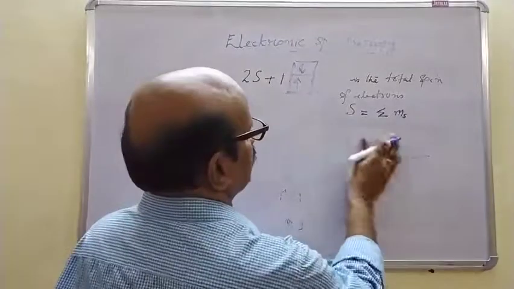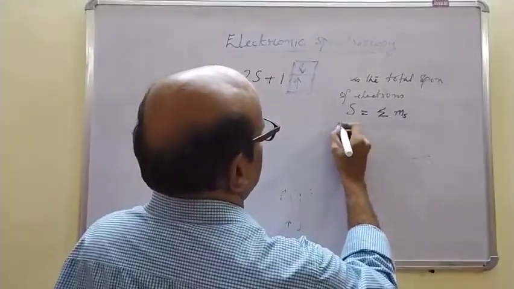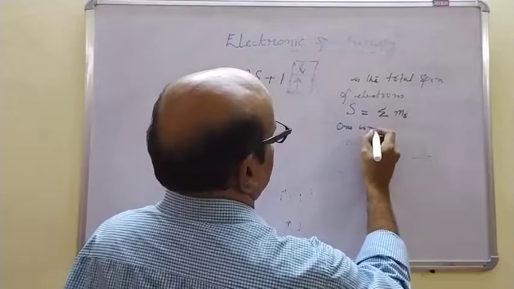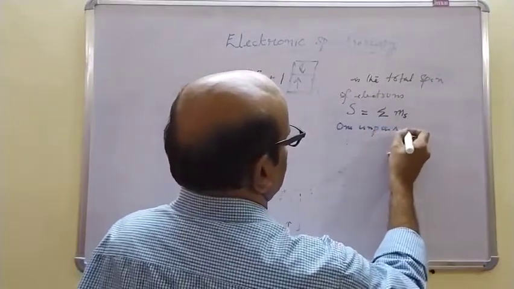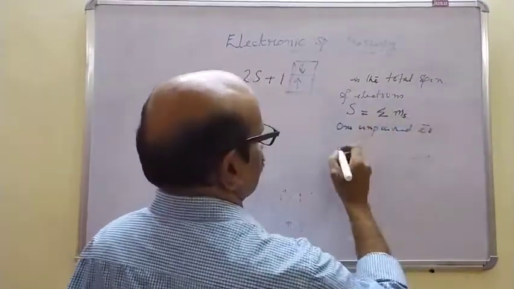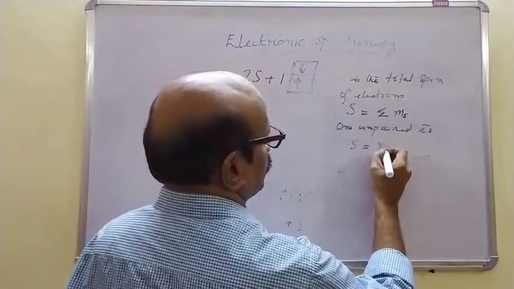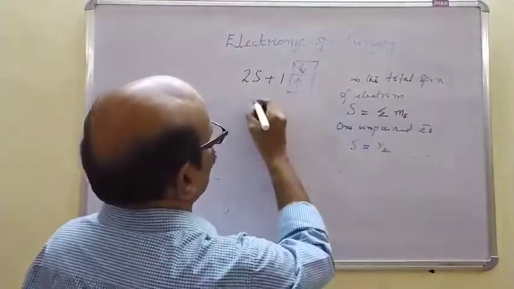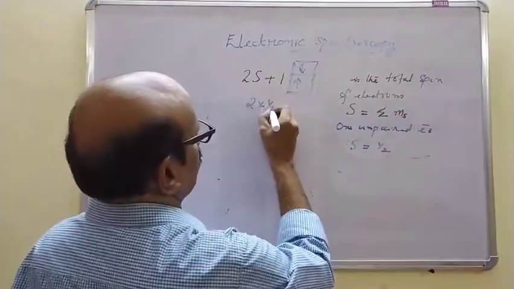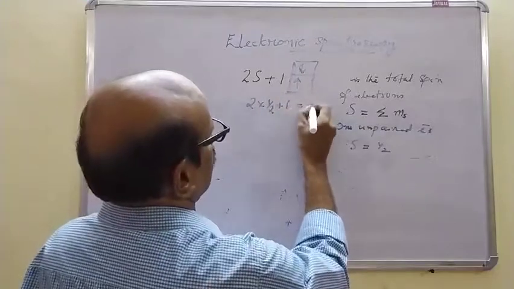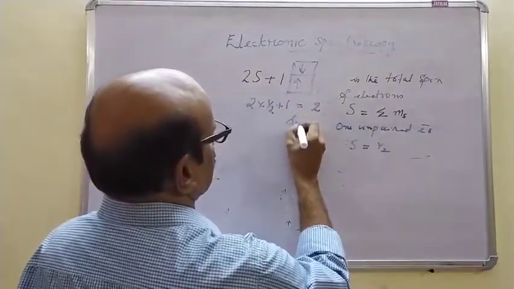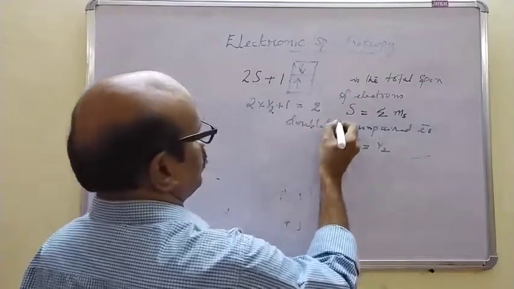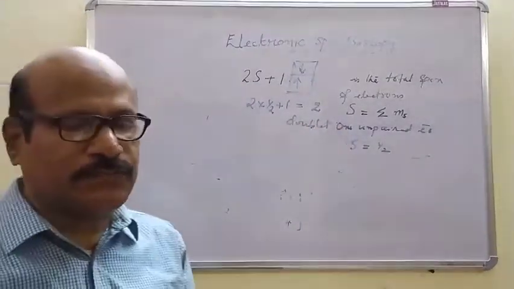If a molecular species contains one unpaired electron, then S is equal to half. That situation is 2 into half plus 1, that is equal to 2, that is called doublet. That happens in the case of free radicals.